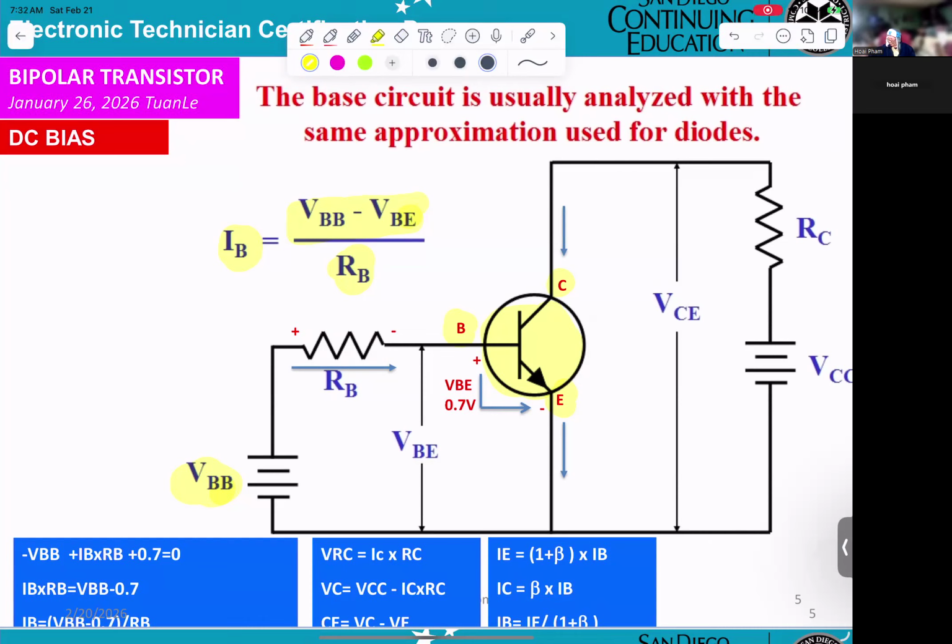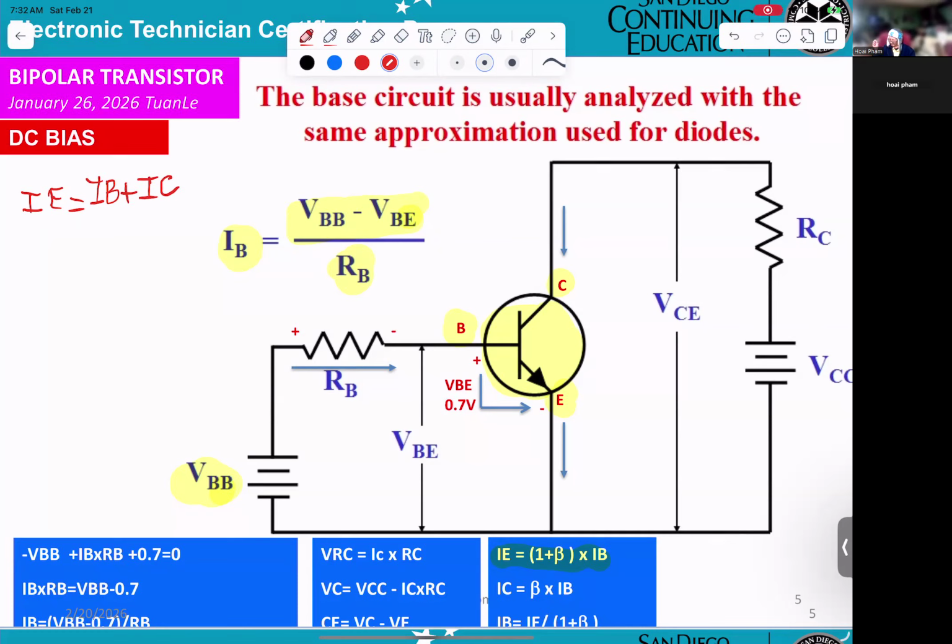And if you want to calculate IE, IE equal IB plus IC.